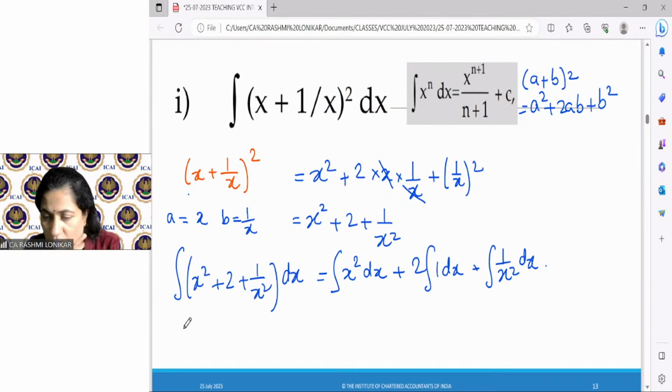So this is equal to how much? x square becomes x raised to 3 upon 3. Why? Because 2 plus 1, I'm using this formula, 2 plus 1 is 3. Now 2 integral 1 dx, 1 dx is equal to x.